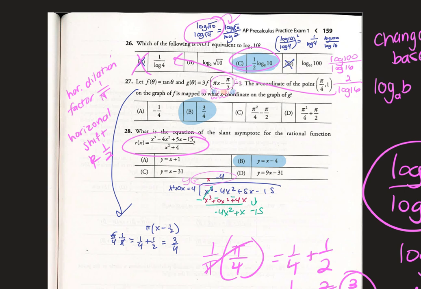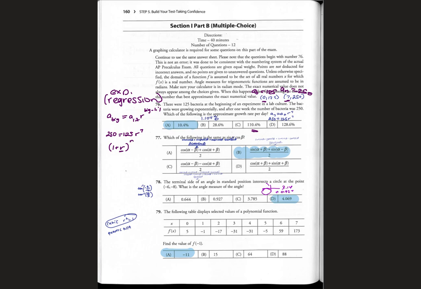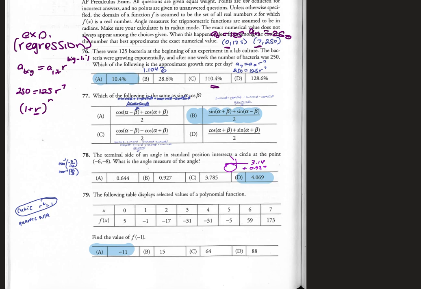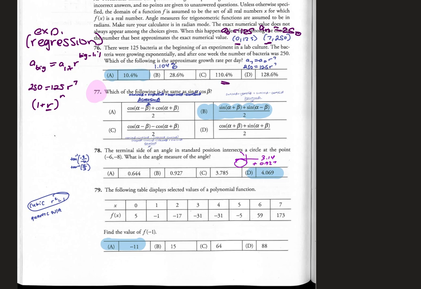Yep. Here's what you have to be careful on. This is the graphing calculator portion, but something like 77, you did not need a graphing calculator, right? So you have to be careful of this one, 79, didn't need a graphing calculator, okay? Those things you have to also make sure you're reviewing.